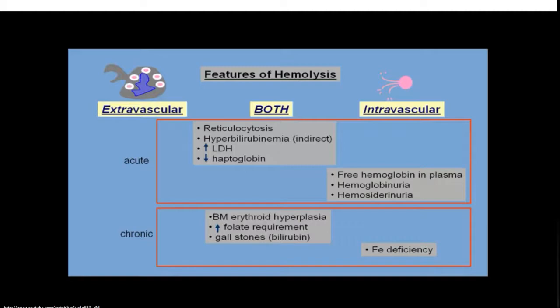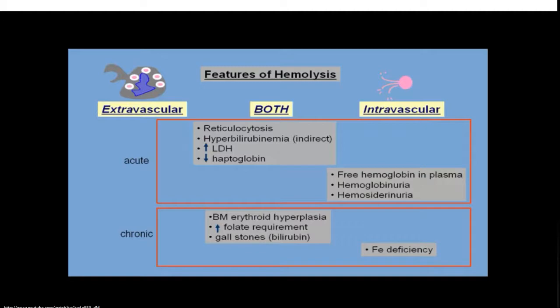High retics, high bilirubin. But whenever you have intravascular hemolysis, in addition to the high retics and high bilirubin, you're going to get free hemoglobin in the blood, hemoglobinemia. You're going to get hemoglobin in urine, hemoglobinuria. You're going to get hemosiderin in urine, hemosiderinuria.